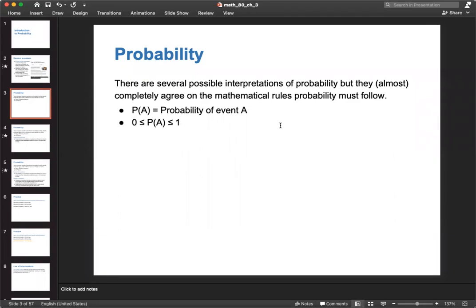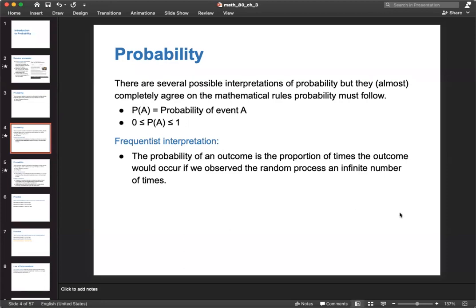So what's the probability that you flip a heads, right? In general, the probability of a given event is between 0 and 1. So 0 indicates a probability of 0, and 1 indicates that it's going to happen almost always, right? Never happening would be a probability of 0, and almost always happening would be a probability of 1.